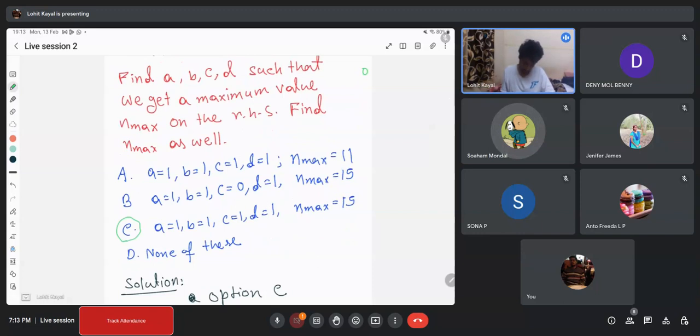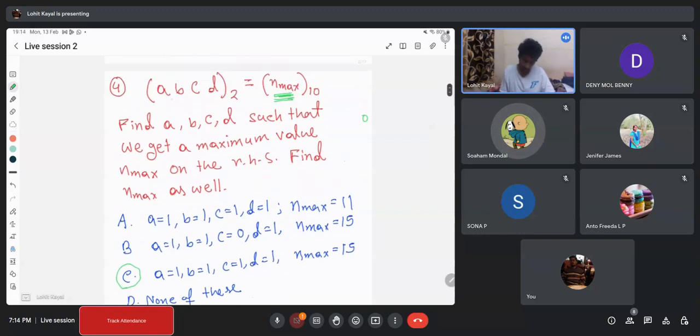So now let's give you the solution. So what is the case? A, B, C, D, they all can be either 1 or 0.